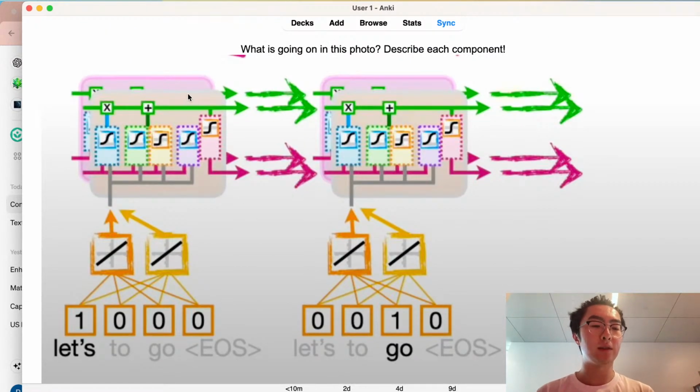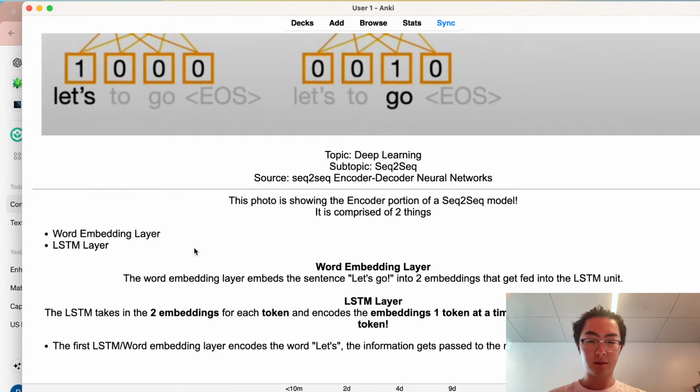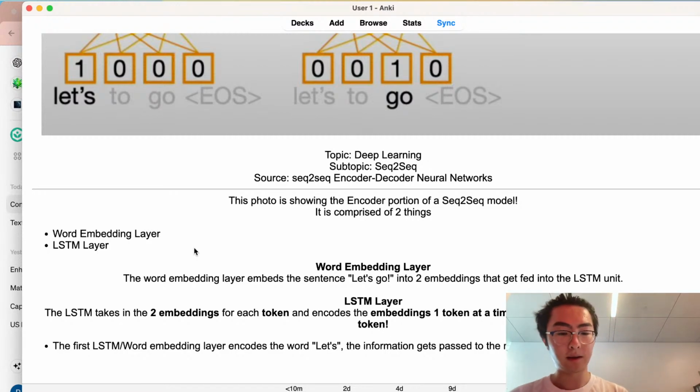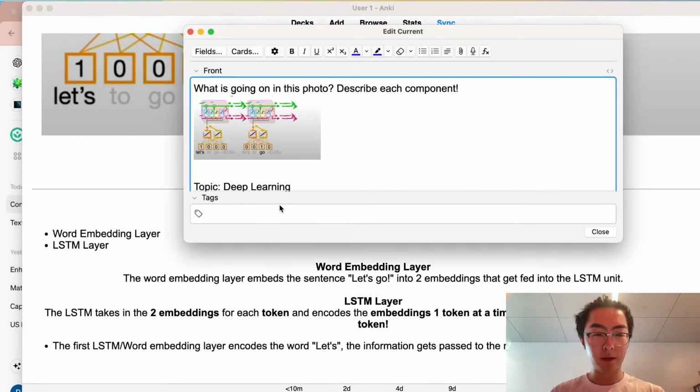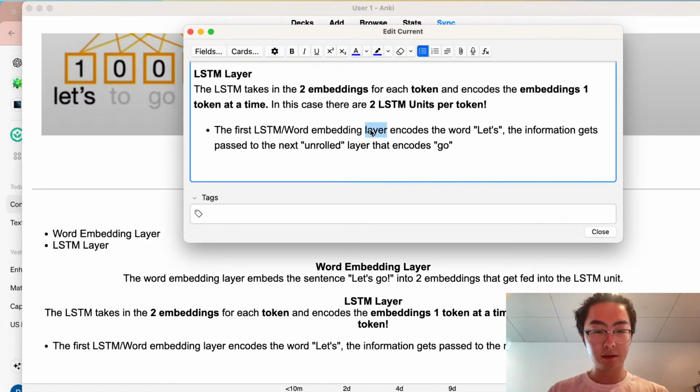There are two LSTM neural units per token. Okay. Alright, and then the first LSTM word embedding layer encodes the word "let's," which gets passed to the next layer that encodes "go." Maybe layer isn't the right word, but unit.